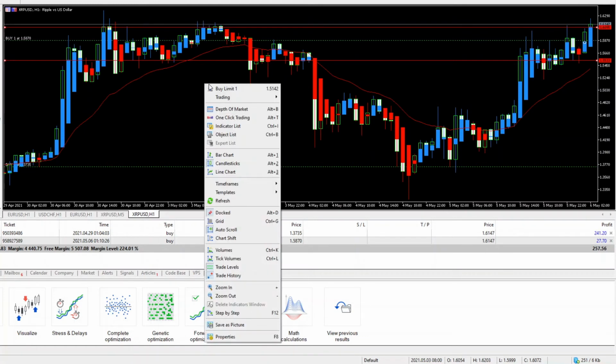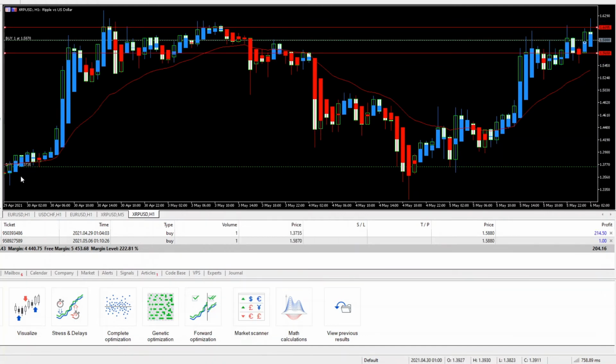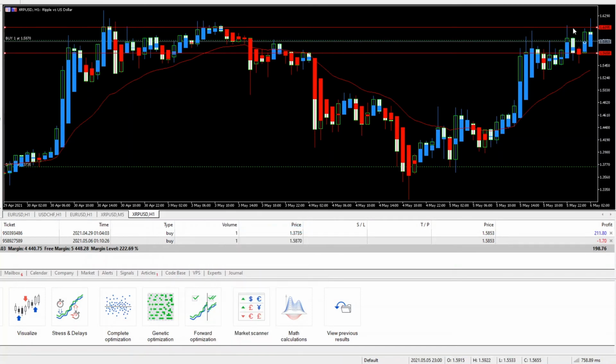So now we will go to your 5 minute. Okay, once you get to your hour time frame, you will place a line on the upper and lower of your last hourly candle.